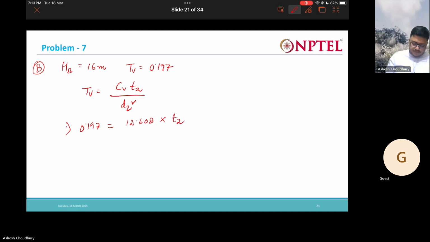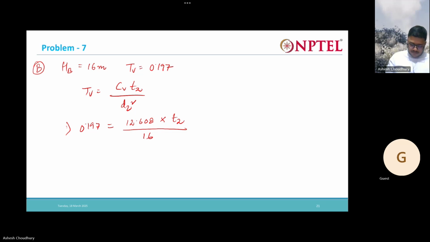T2 by 16, 8, 16, by 16 squares. Let T2 be 4 years.